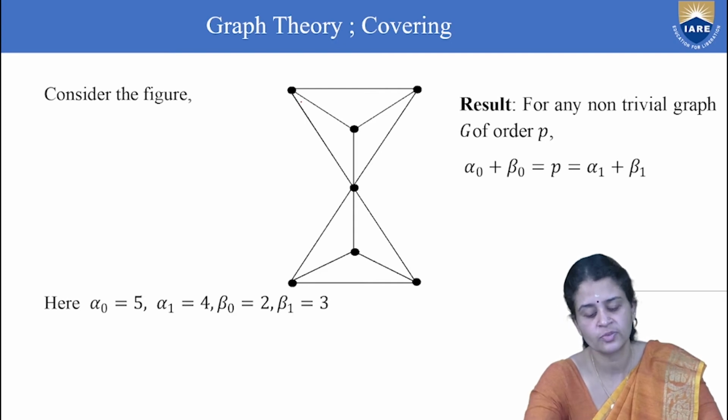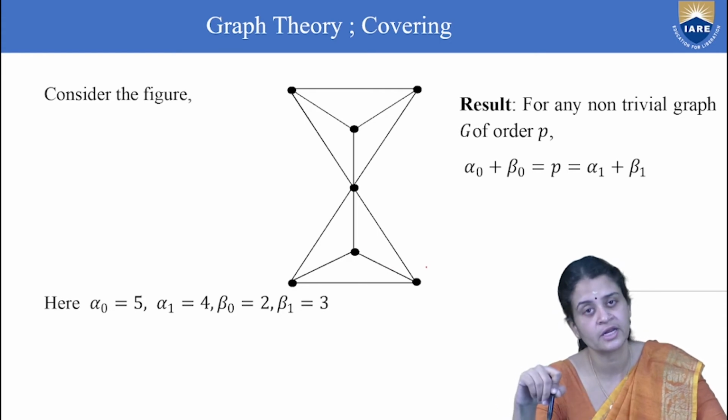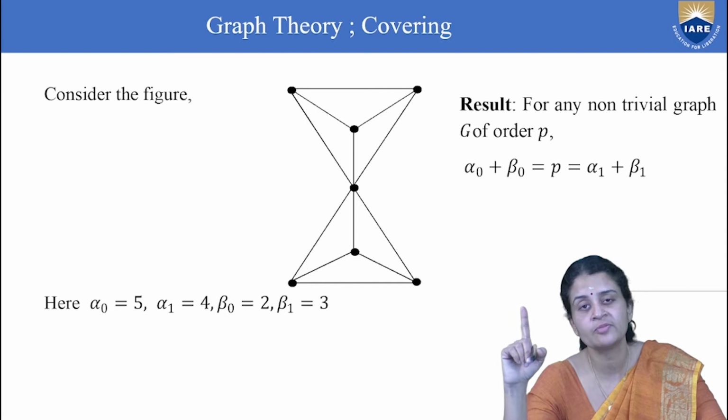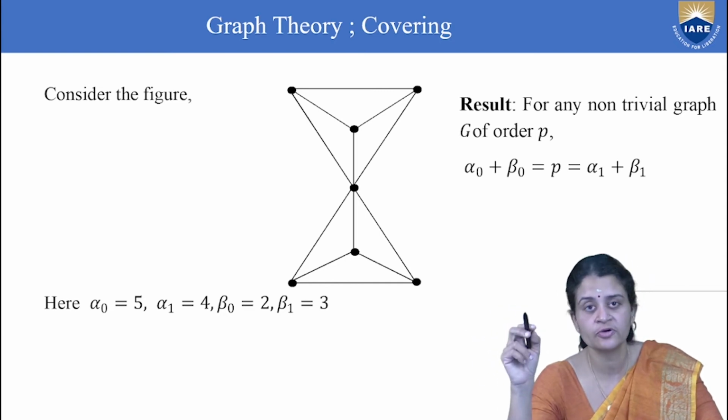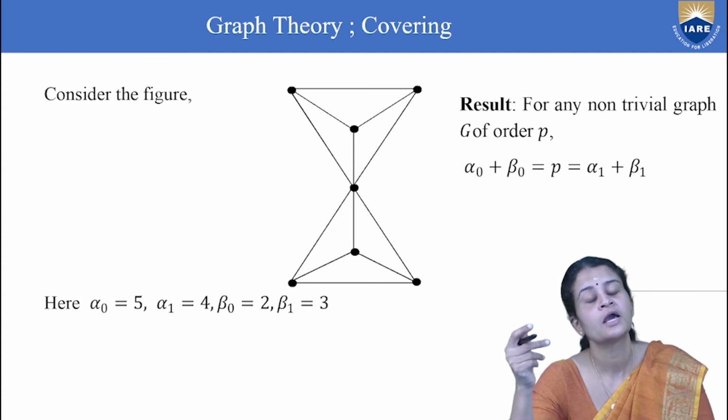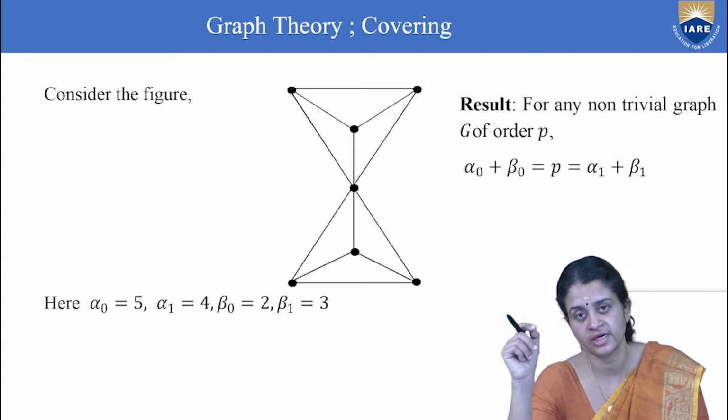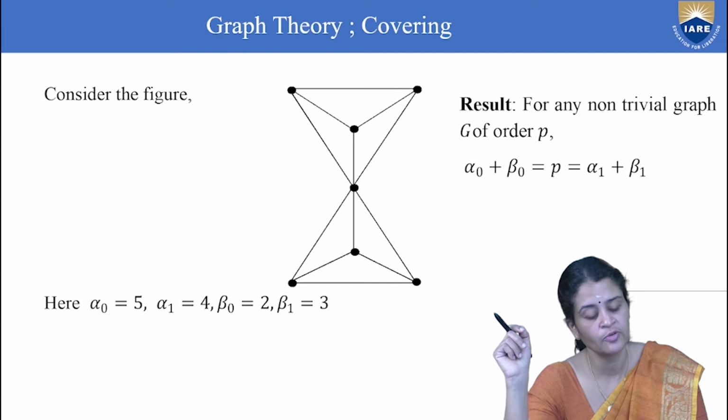How many vertices do we have here? 1, 2, 3, 4, 5, 6, 7. All 7 vertices cover the graph, but we are taking the minimum number of vertices required so that every edge has at least one end in the set. How can I take alpha naught to be 5?